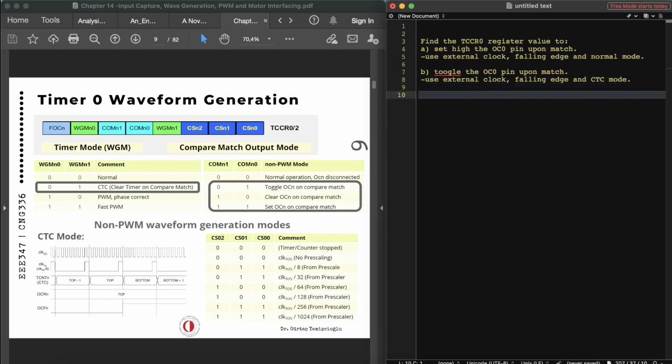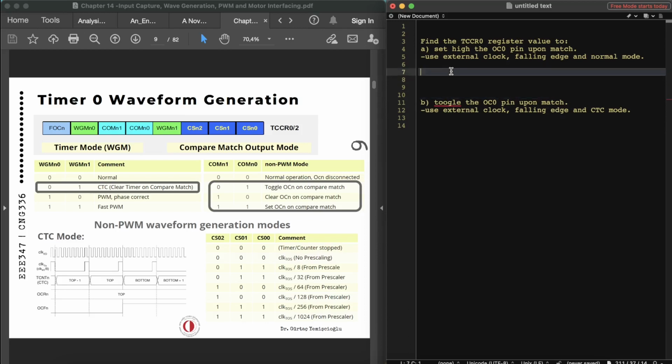Okay, so for the TCCR register, I'll start with A. Force output compare can be 0. We don't need to set anything. For the WGM modes, it's going to be normal mode, so we can have 0, 0. So this is going to be 0.